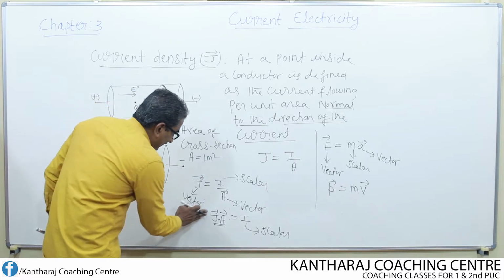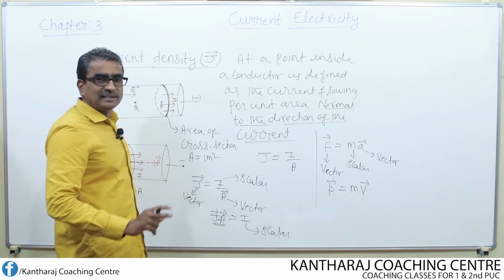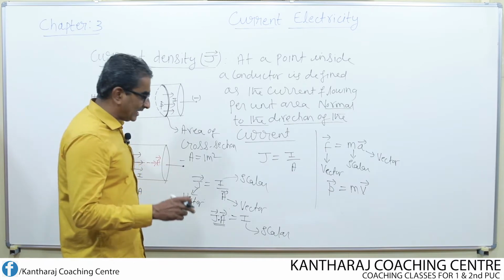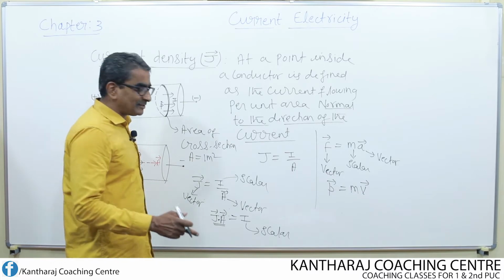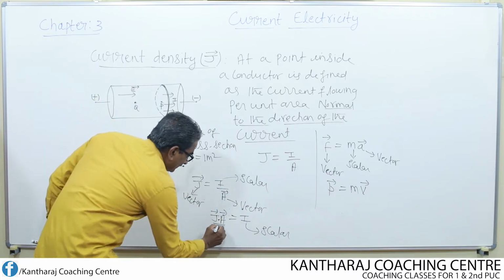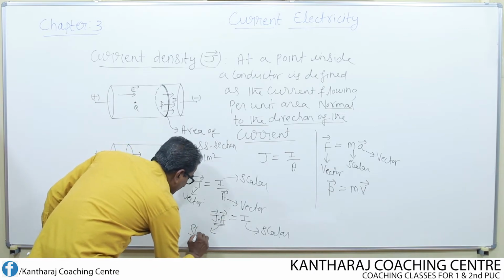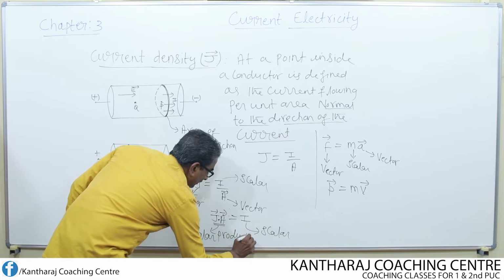And the second one is, if you multiply one vector by another vector, the result may be either a vector or a scalar. But by multiplying two vectors, I am getting a scalar quantity. That means current is certainly a scalar, because these two are nothing but the scalar product of two vectors.